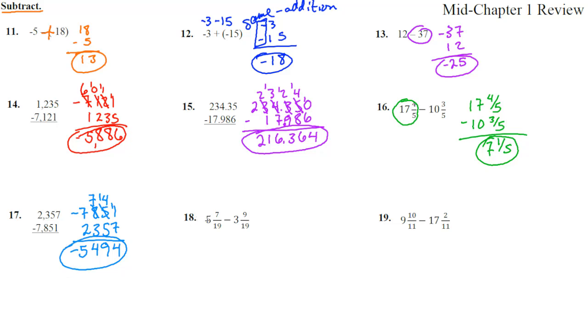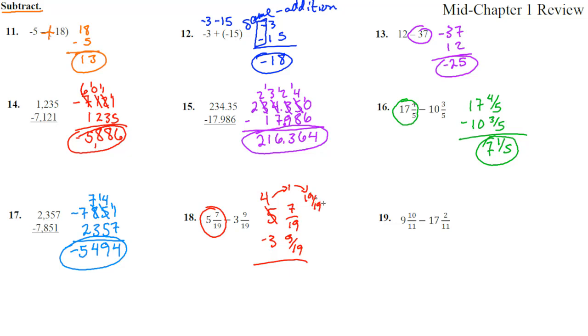Number 18, 5 and 7 nineteenths minus 3 and 9 nineteenths. Strongest one is this one, goes on top. So 5 and 7 nineteenths minus 3 and 9 nineteenths. Okay, so 7 minus 9, that one's too small, so we borrow from here. And when we put it over there, that 1 becomes 19 nineteenths.